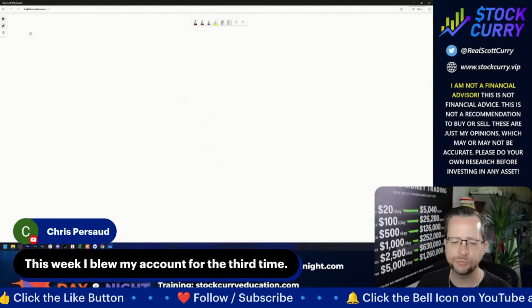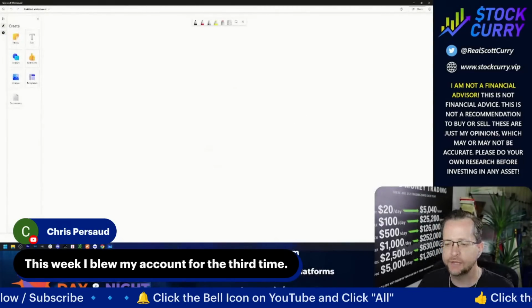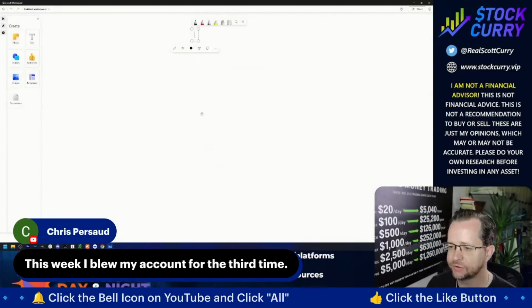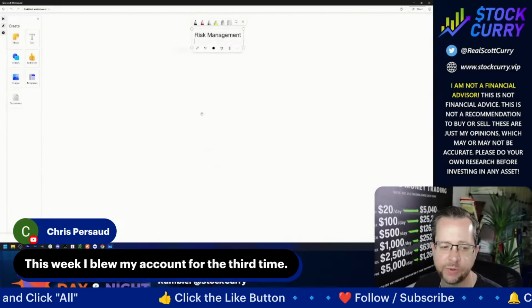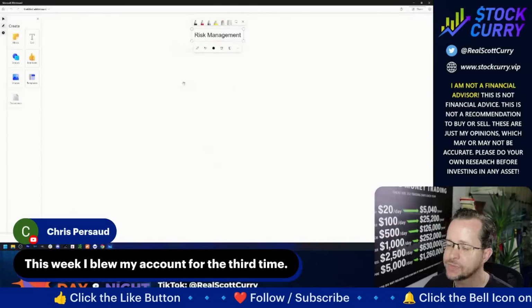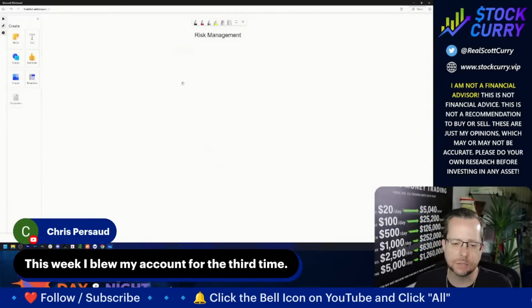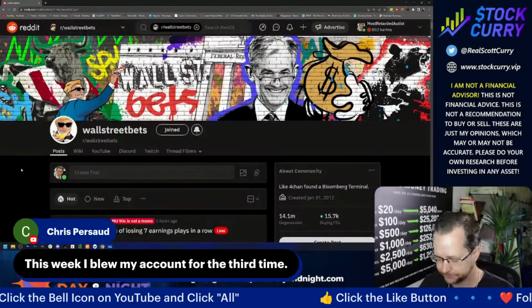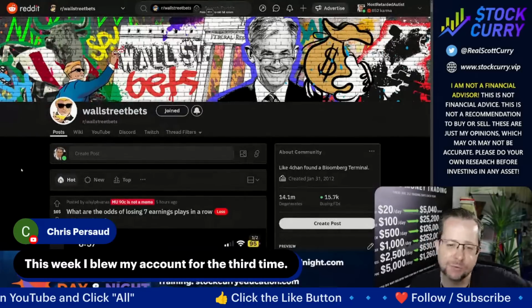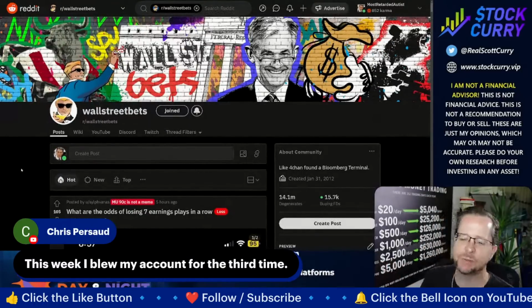So here's what I want to talk about as far as this kind of stuff concerns: portfolio risk management. Because risk management is huge when it comes to options, okay? The problem with a lot of people is they look at Wall Street Bets and they see how people in Wall Street Bets trade.